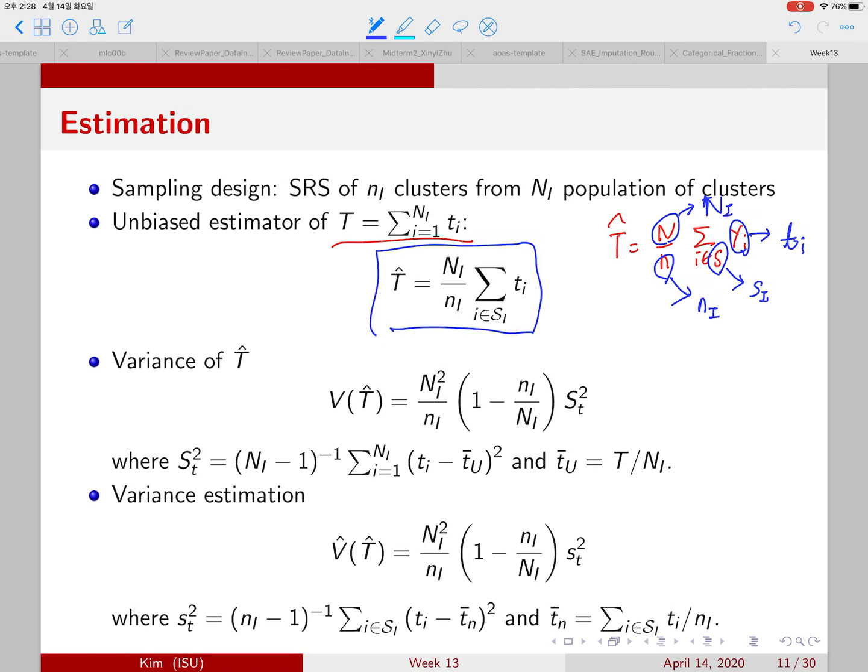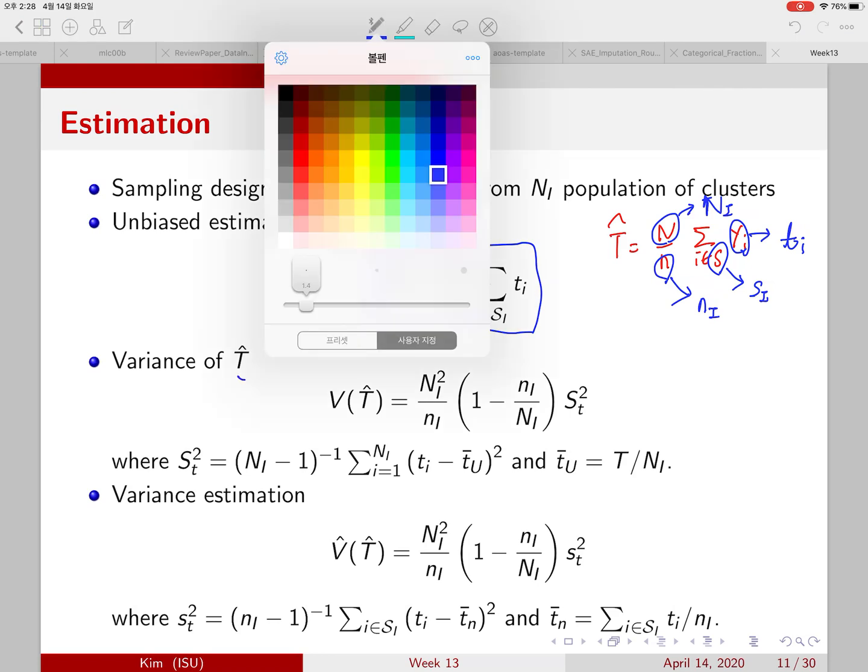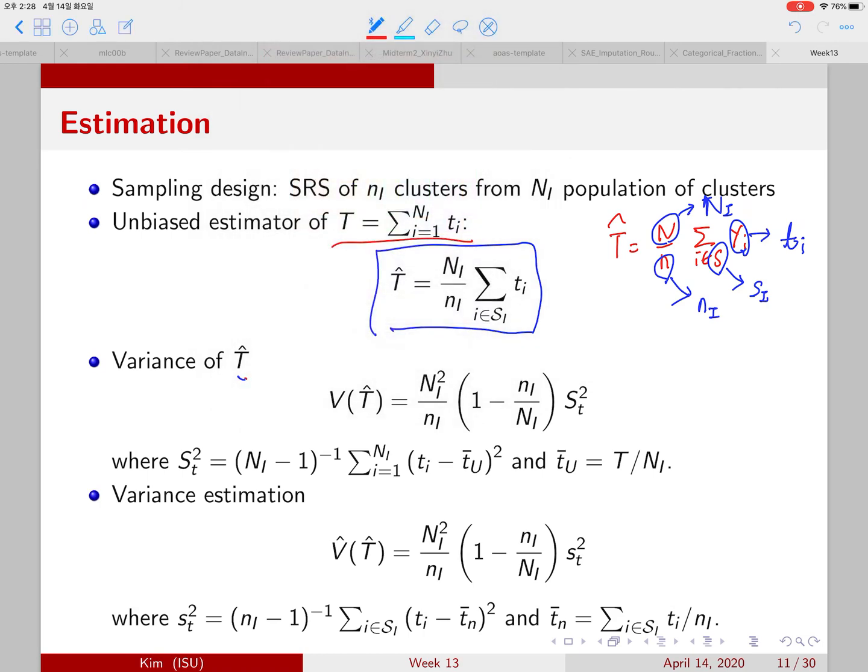The variance of t hat is the same thing.